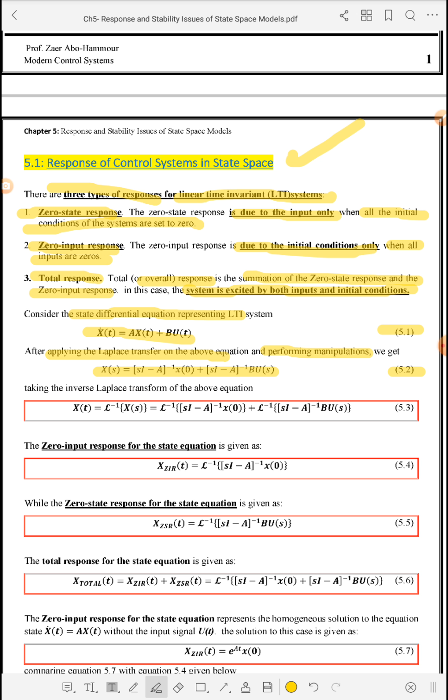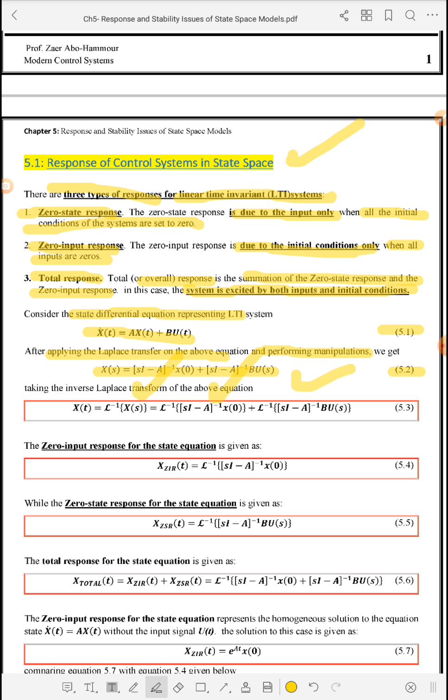So in equation 5.2, X(s) is equal to (sI minus A) inverse multiplied by x of 0, which is the initial conditions vector, plus (sI minus A) inverse multiplied by B U(s). It's obvious that this equation consists of 2 parts, this is the first part and this is the second part, and both parts have (sI minus A) inverse appearing in them.